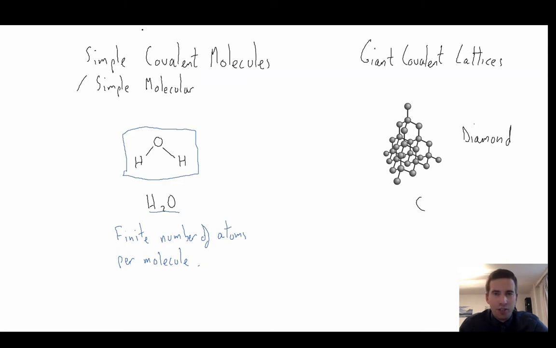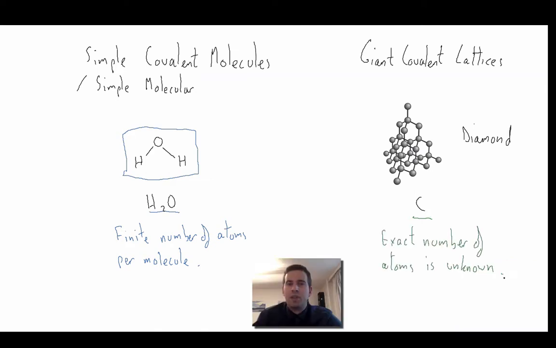Now diamond, on the other hand, the formula is just C, but we can see from the diagram there isn't just 1 atom. Because it's a giant lattice structure, there is potentially, or theoretically, an infinite number of atoms it can contain. It just repeats itself in the same pattern in all directions. So with a giant covalent structure, the exact number of atoms is unknown, and the formula just gives you a ratio.